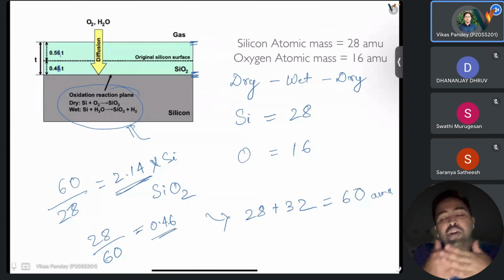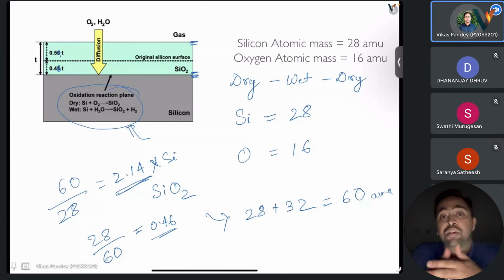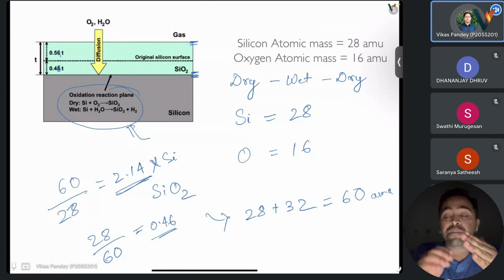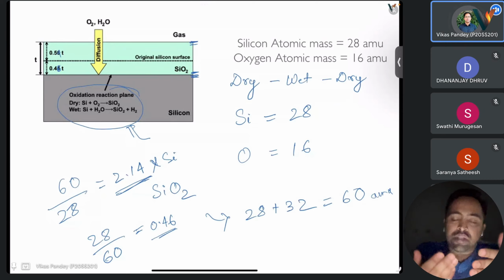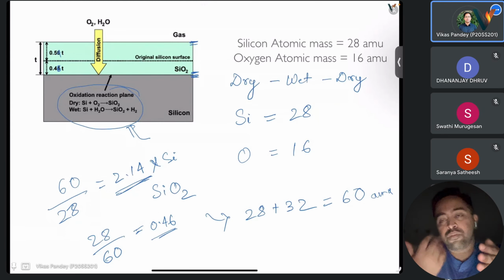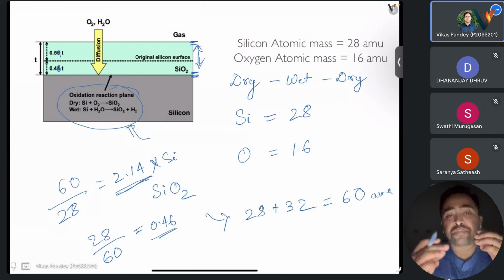Certainly, if we are doing wet after it, some defects will anyway arise, but it will not be of that lower quality. Since we want good quality, we go for a longer time with dry, and in the central part we can go for faster oxidation, and then again when we are about to reach the end, we go for dry oxidation.